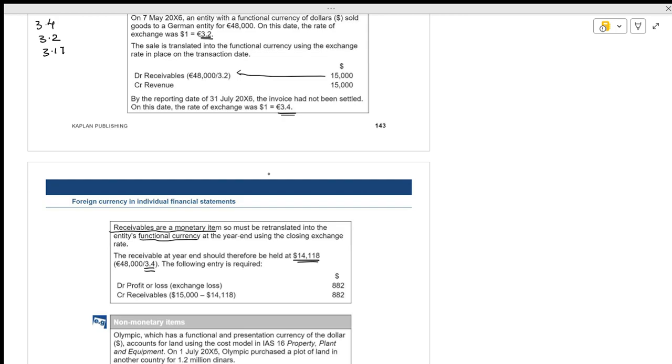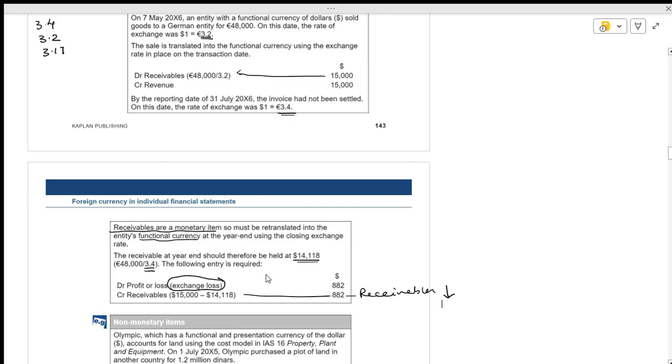We will get fewer dollars, because the dollar currency is becoming weaker. Whatever the difference is, it is treated as an exchange loss, and automatically your receivables will decrease.